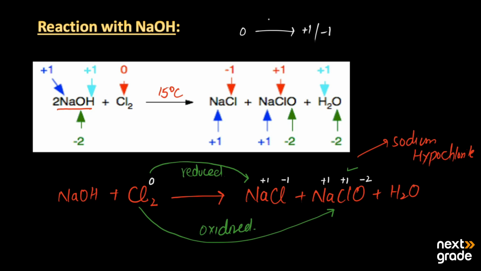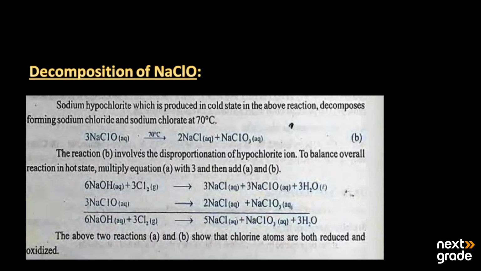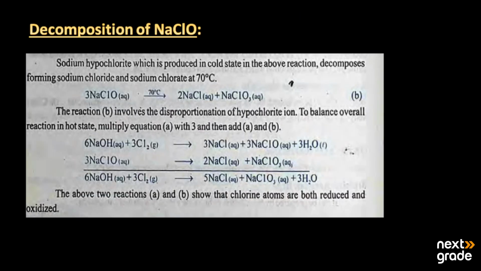Next, the sodium hypochlorite, which is produced in the cold state as NaClO, decomposes into other products, NaCl plus NaClO3. All that depends upon what conditions are present. The next reaction is the decomposition of NaClO, which I have explained earlier.